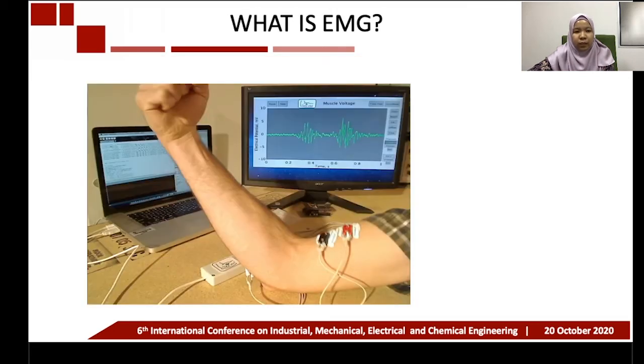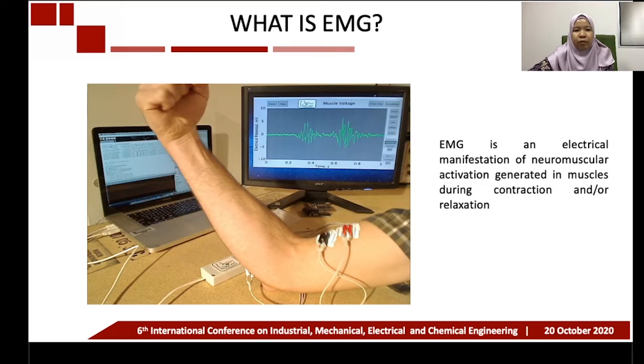What is EMG? EMG is an experiment-based method for evaluating and recording a series of electrical signals that emanate from body muscles. The electrical activity of neuromuscular activation generated in muscle during contraction and or relaxation is known as EMG signals.